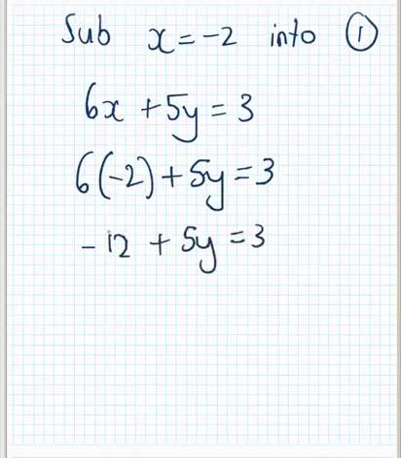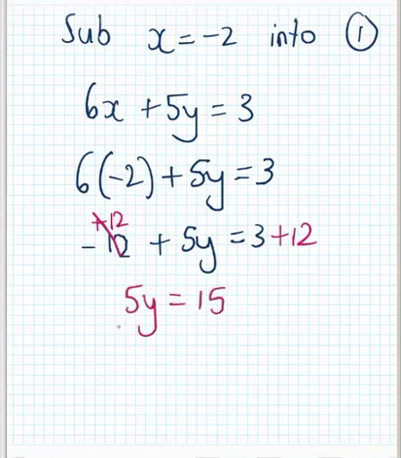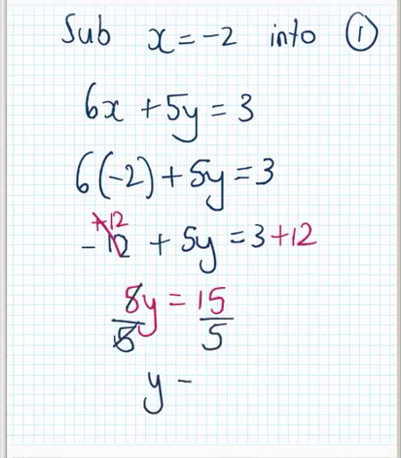Next step is the 12. So I've got a plus 12 on this side, plus 12 on that side. So I have 5y equals 3 plus 12 is 15. And our final step, divide by 5, and y will equal 3. And we've done it. Okay?